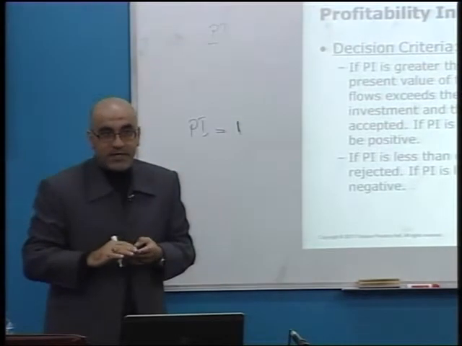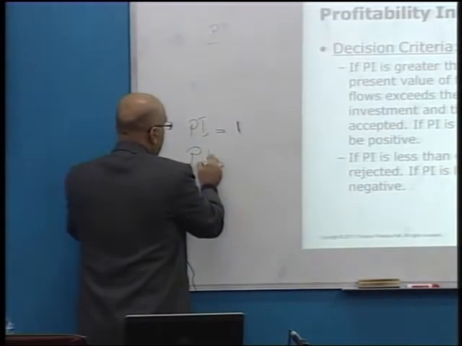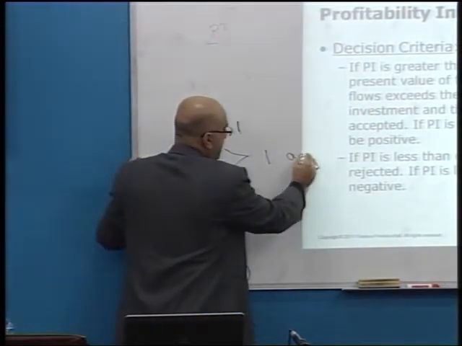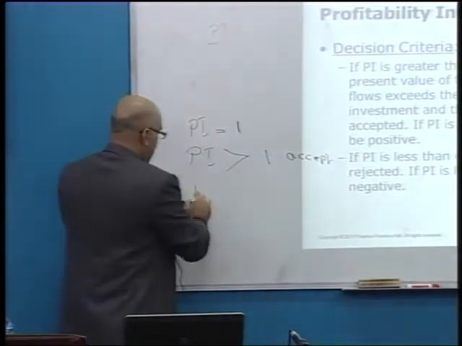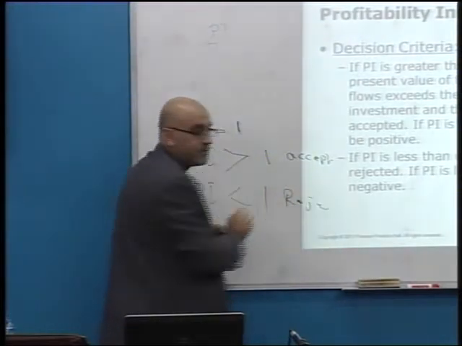If PI is greater than 1, we accept the project. If PI is less than 1, we reject the project.